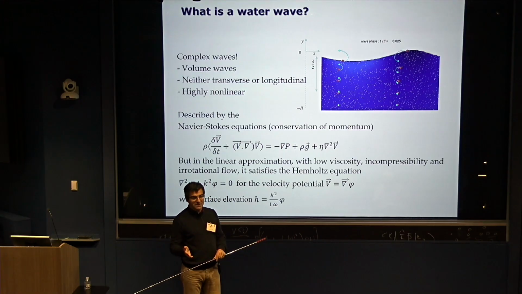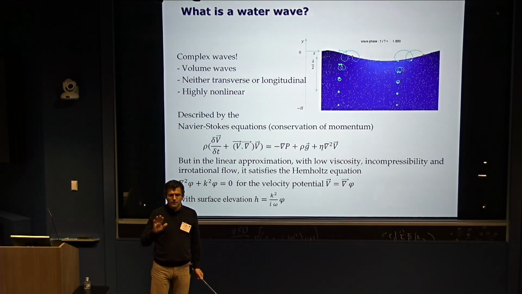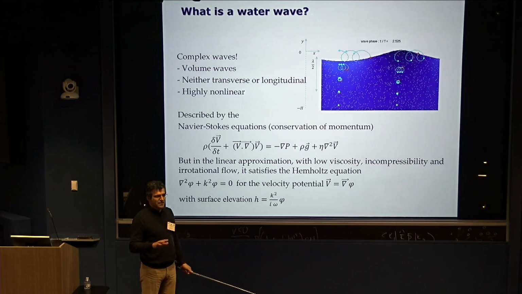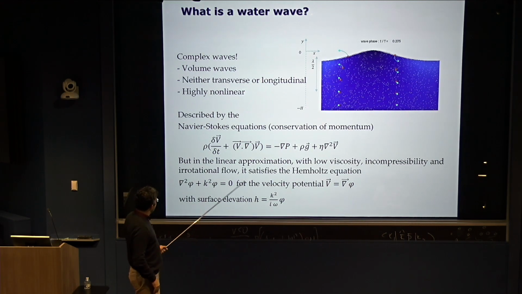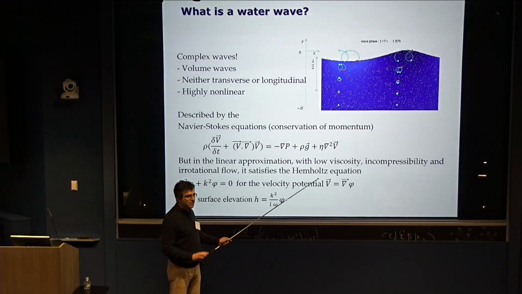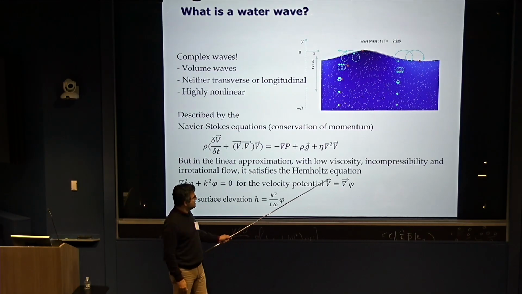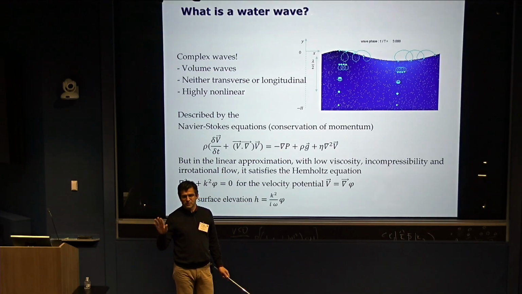And you can do many things with this kind of waves. You just need to make a few approximations. Feynman used to call this dry water, I think. So you do a linear approximation. You say, OK, low viscosity or no viscosity, which is completely different, by the way, from when we talk about optics.